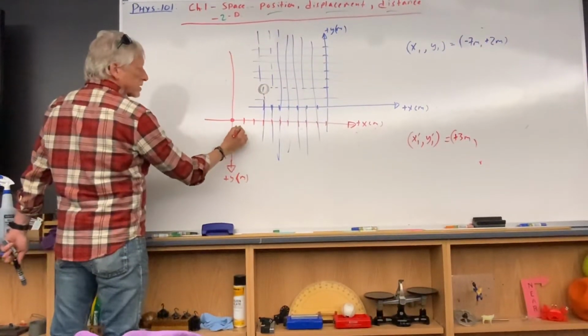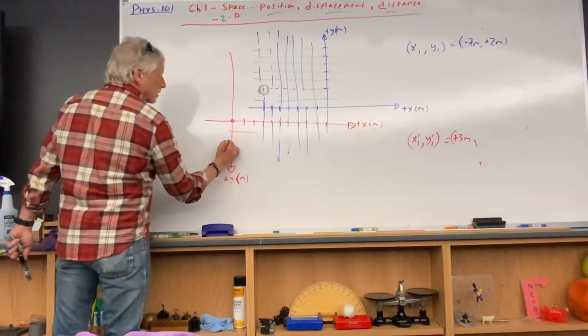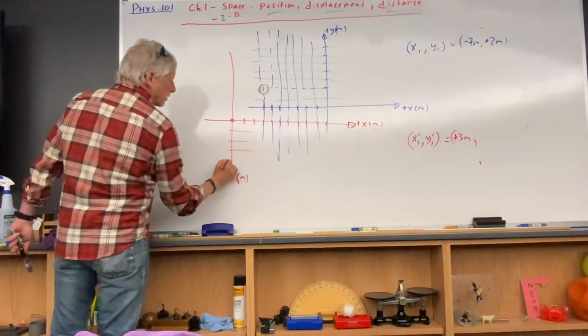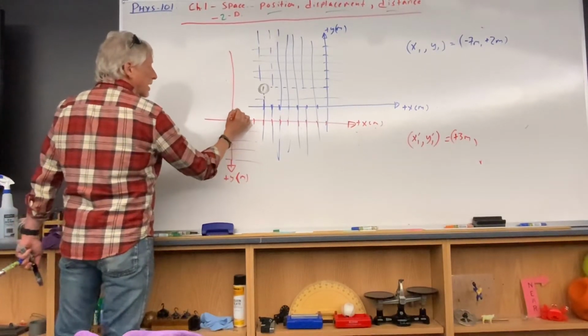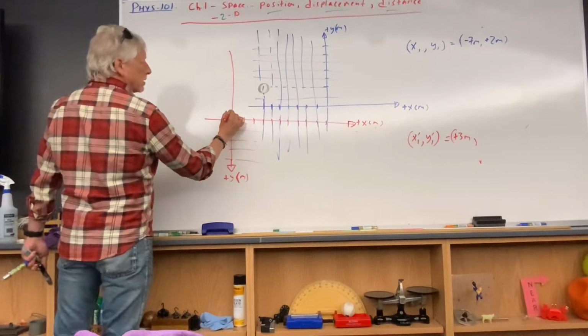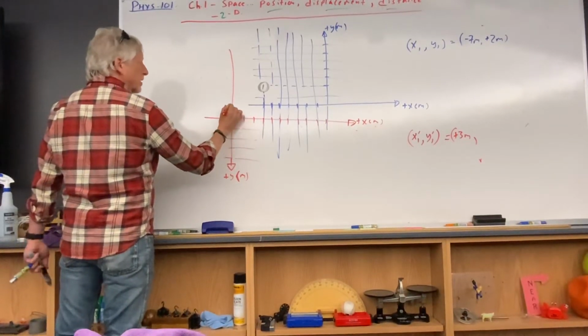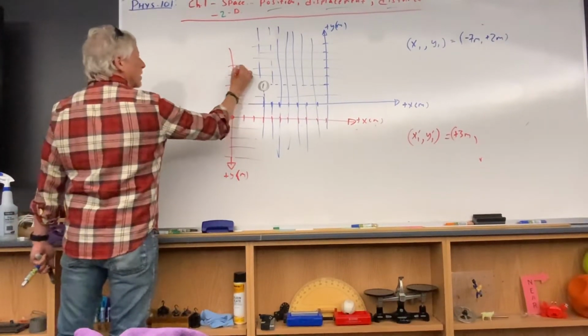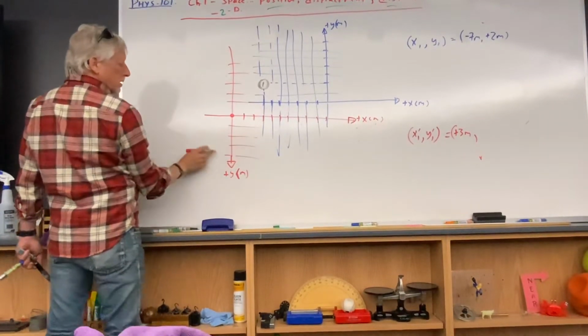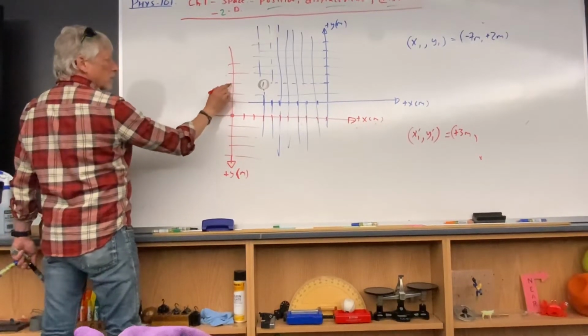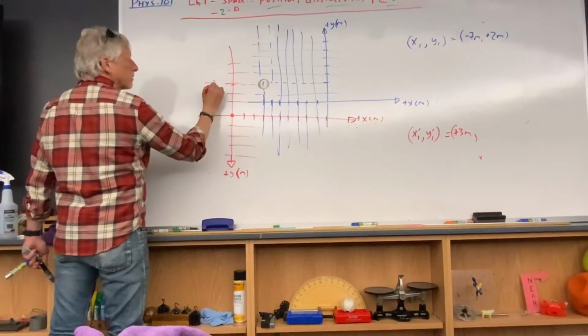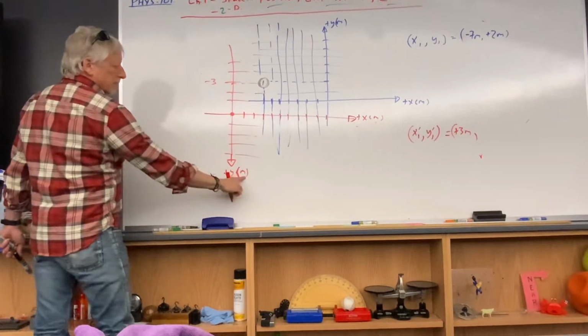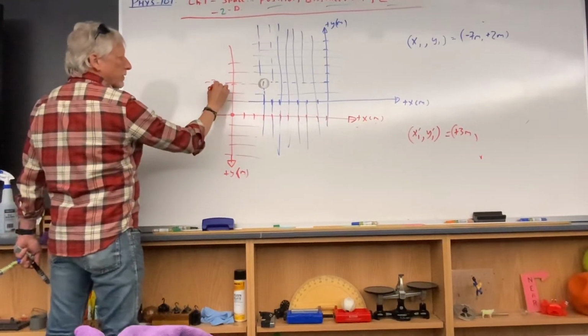And then I'm calling this plus, so 1, 2, 3, 4, negative, let's see. Can I call that -1, -2, -3? Not so great. -4, negative. So then this, because that's plus, -3. It says meters there, so I don't really have to write meters there.